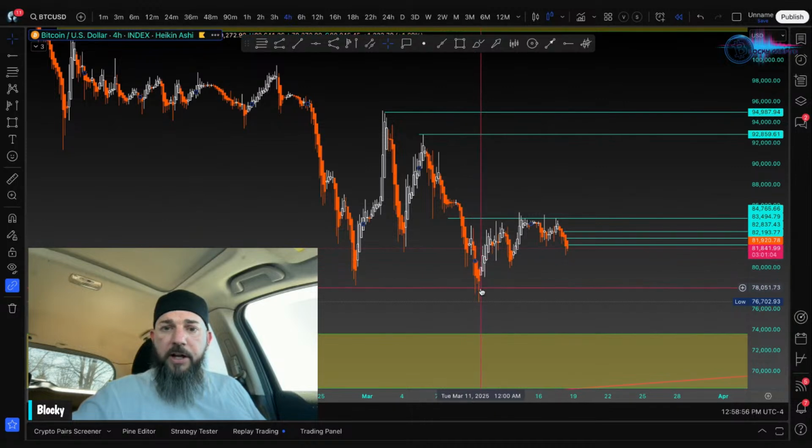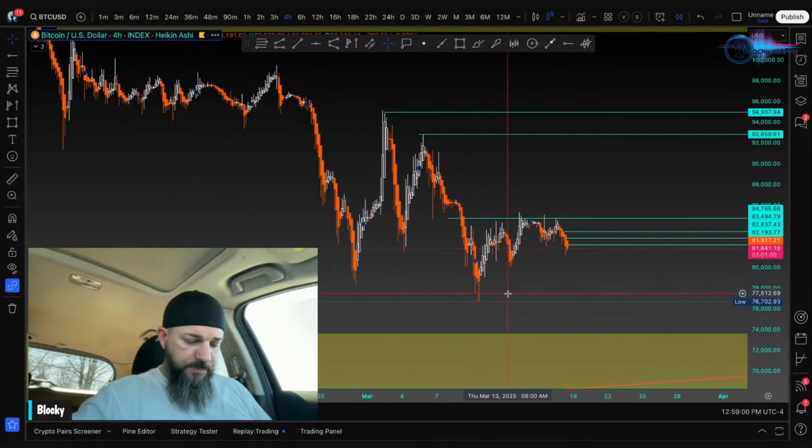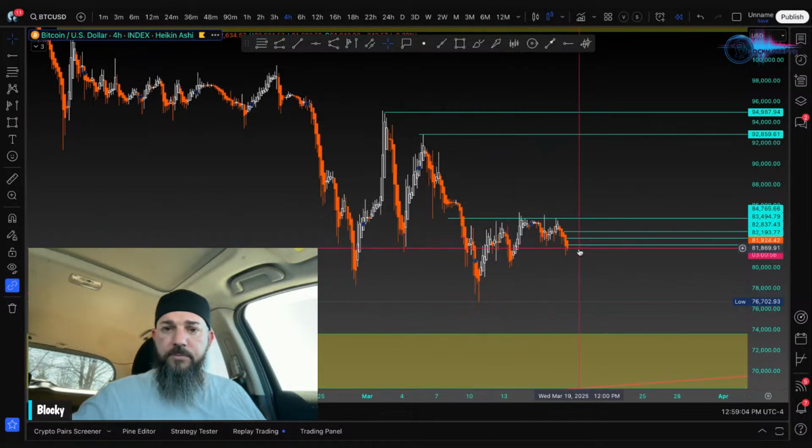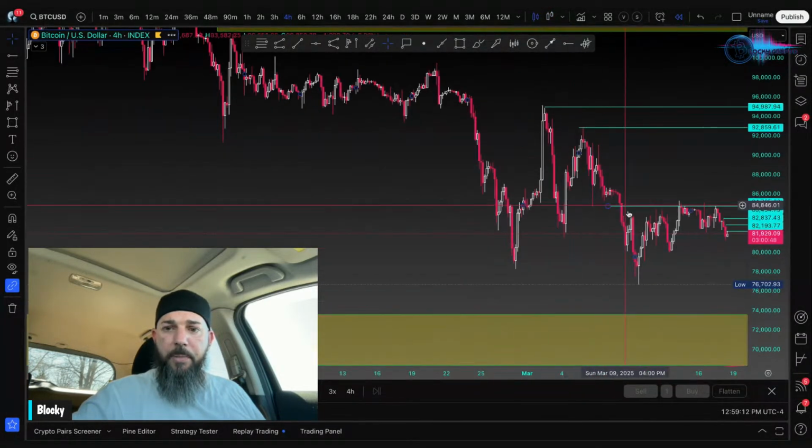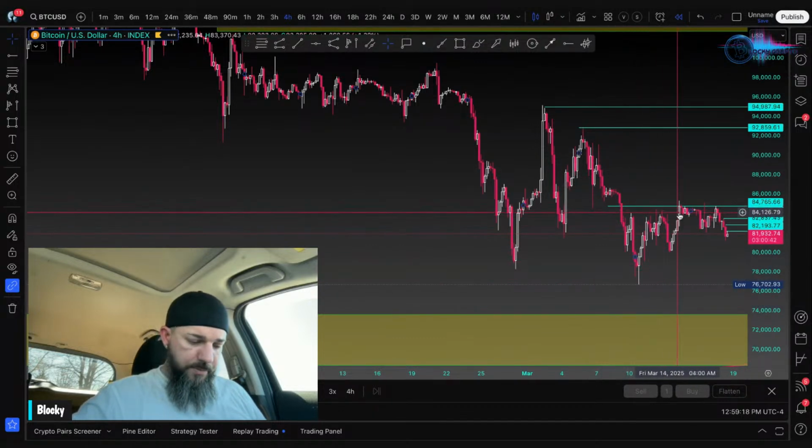This is coming down. The way I judge it is these wicks. That's a buy pressure wick. A buy pressure wick. That's a bullish candle. Hence why the market went back up.